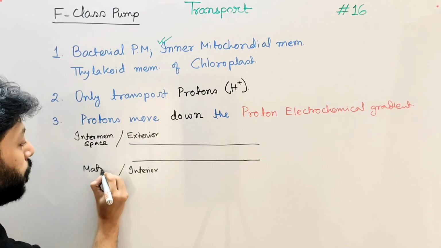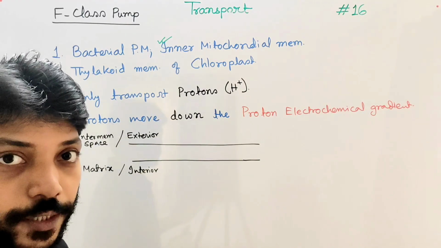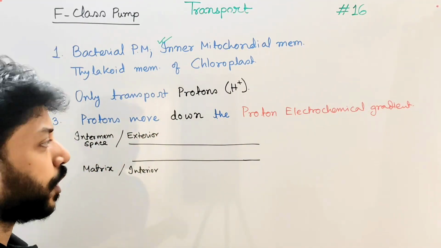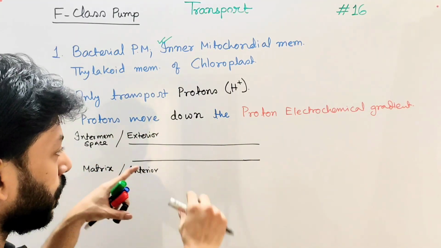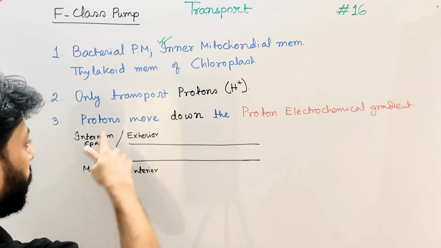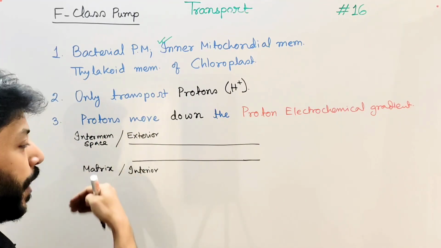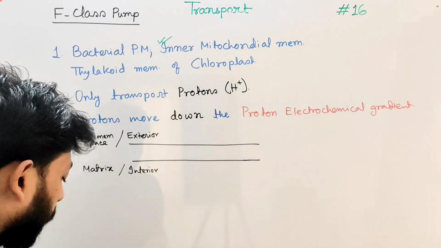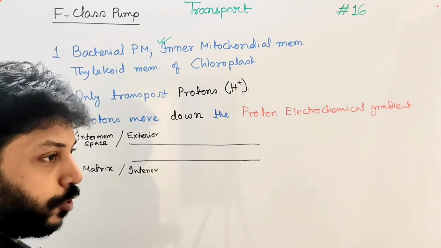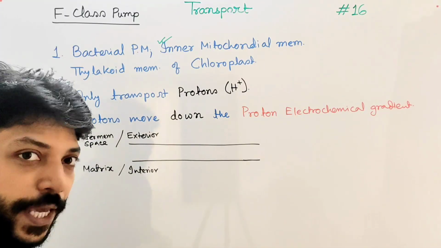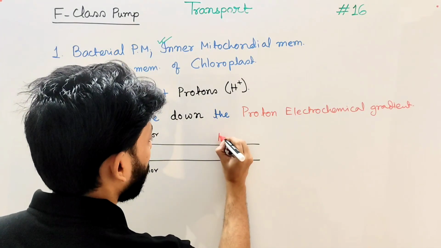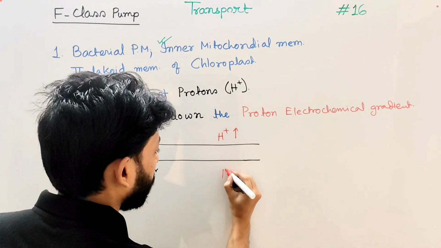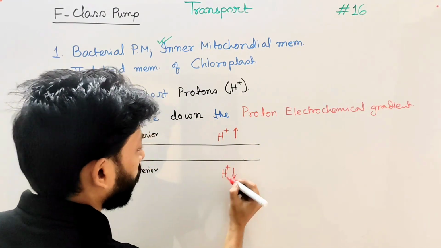I will draw the mitochondria, then you can easily understand. But for understanding this proton electrochemical gradient, suppose this is the lipid bilayer, the exterior is the intermembrane space and the interior is the matrix of the mitochondria. So what happens here, in case of mitochondria, the intermembrane space contains more hydrogen ions outside, and inside there are fewer hydrogen ions.